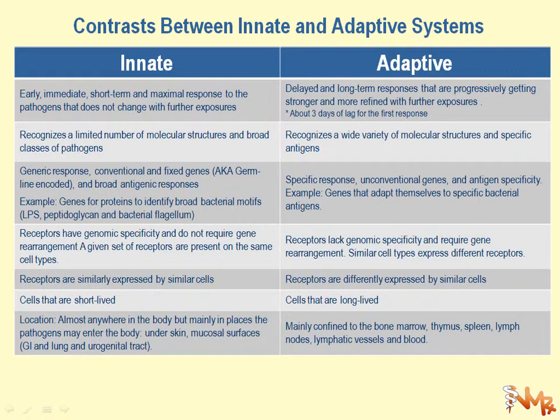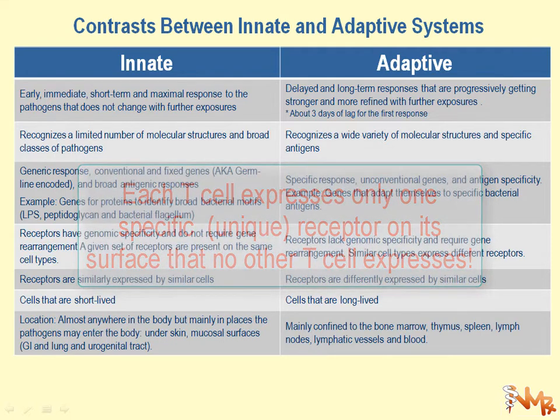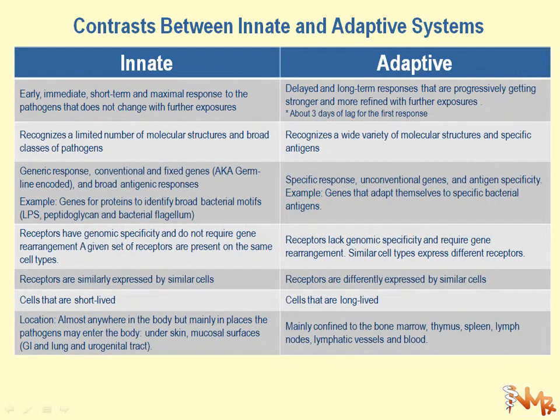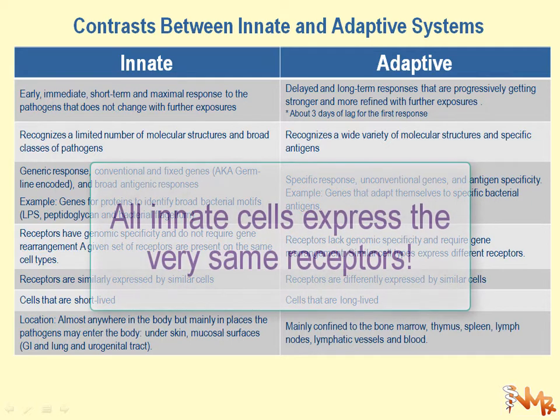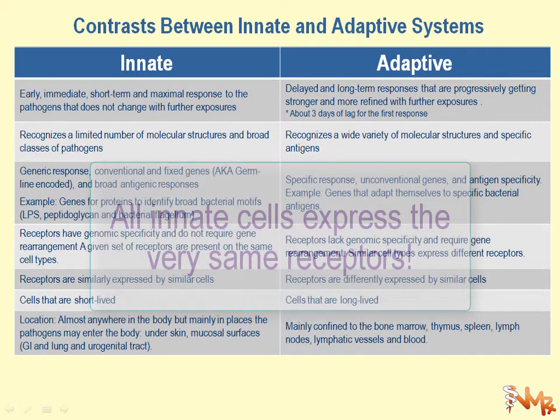In contrast, the adaptive system has receptors like T-cell receptors that lack genomic specificity and require gene rearrangements. And similar cell types, let's say T cells, express different receptors on their surfaces. Receptors of innate cells are similarly expressed by similar cells, as we said earlier, like by all macrophages or all neutrophils.